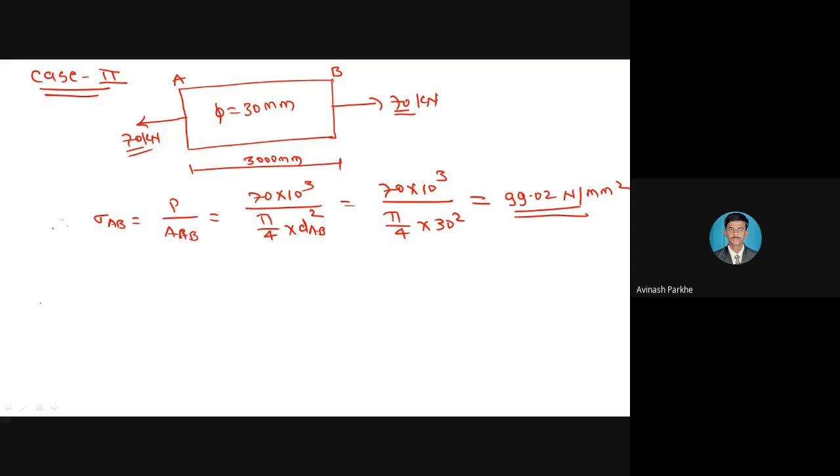Yes, sigma is 92.02. Now, calculate the strain energy stored in this plain section. Therefore, sigma AB square upon 2E into volume, which is equal to sigma AB square upon 2E into area of AB into length of AB.